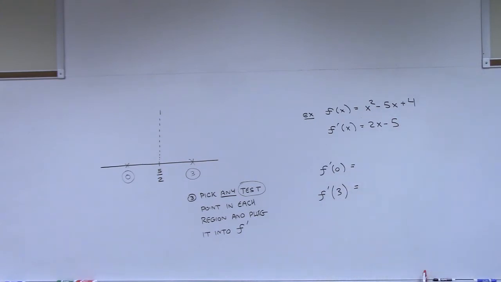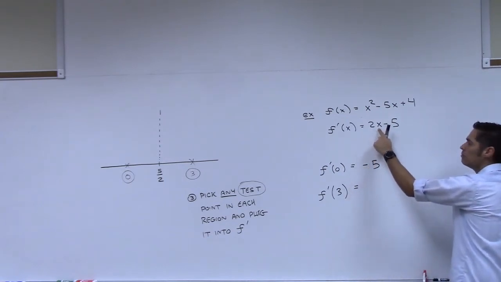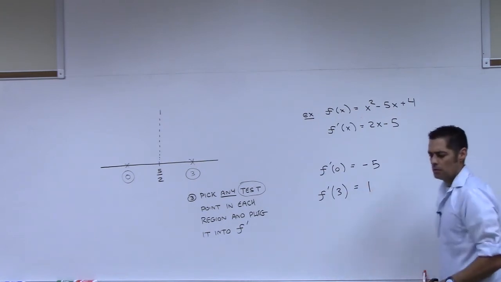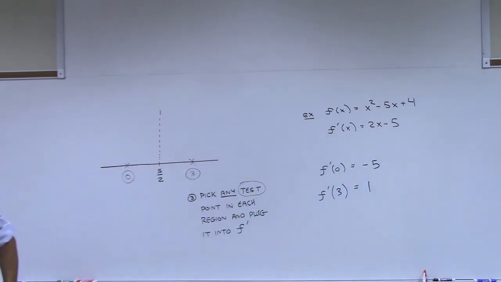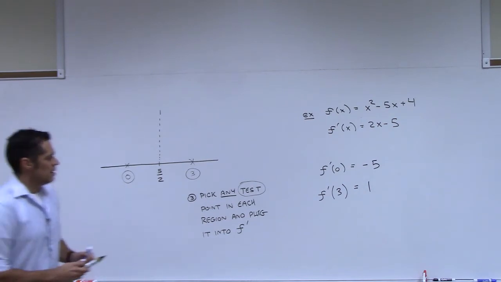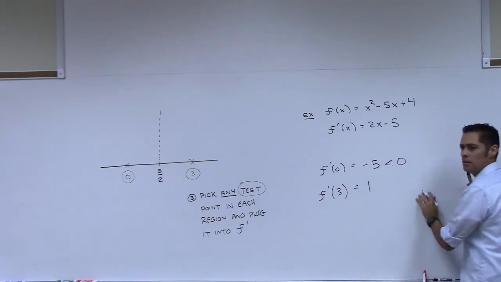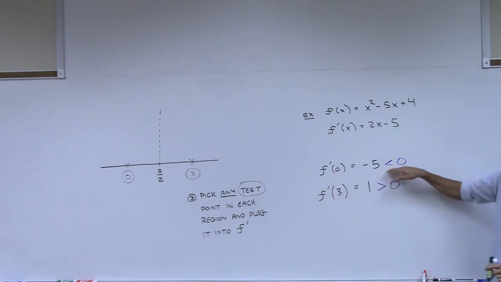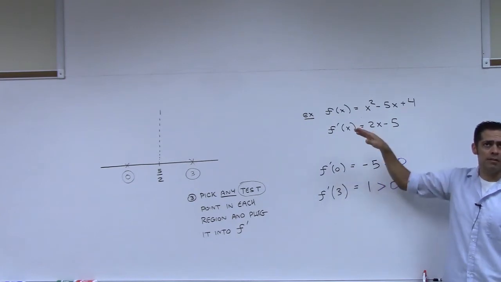So what is f prime of 0? Negative 5. Just plugging 0 in right there. And what happens if you plug in 3? You get 1. So let's interpret this now. What does this mean? What is it telling me? I'm looking at this negative 5, and that number is less than 0, and this number is bigger than 0. So if my derivative is less than 0 at 0, that means my function is going down over there, since if the derivative is negative, it's going down.